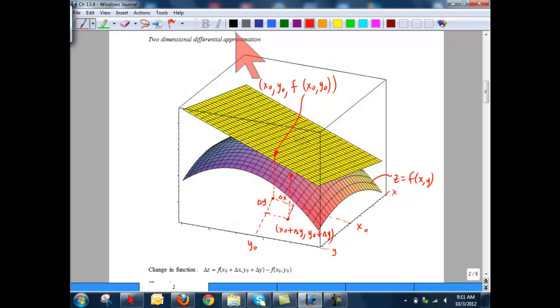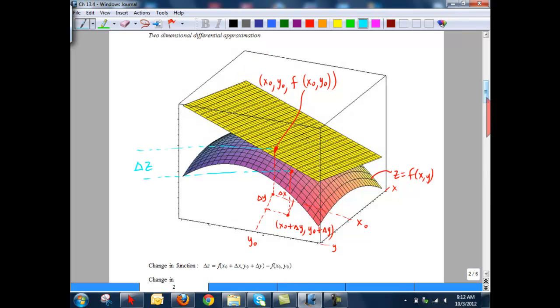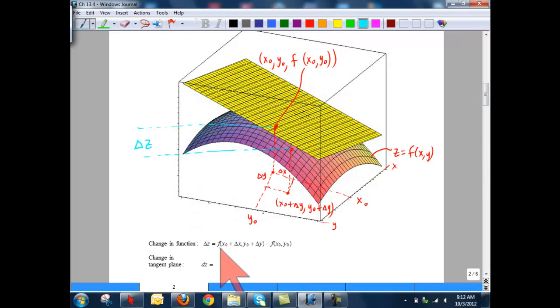And now I'm interested in discussing the difference in these two levels, where I hit the curved surface the first time and where I hit the curved surface after I changed the input. So let's call this delta z, and I'm interested in approximating delta z. An expression for that is here, f of the new inputs minus f of the original input.